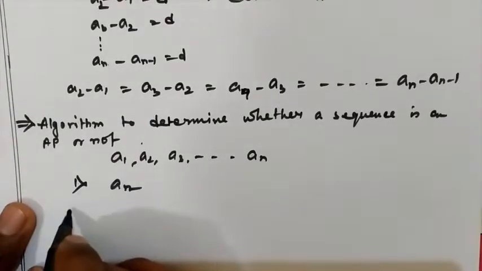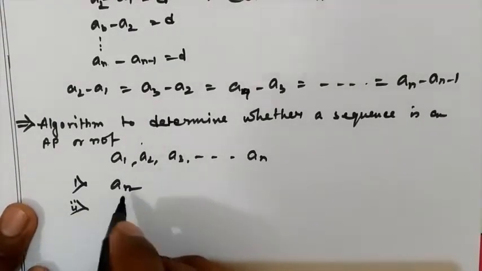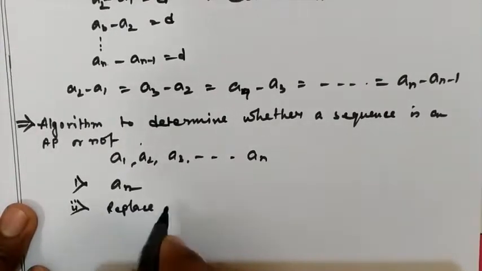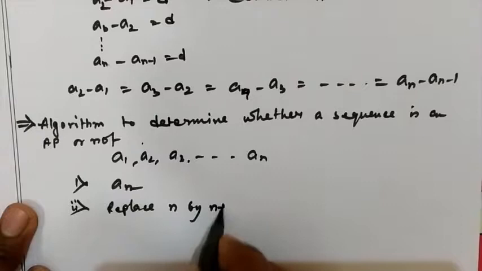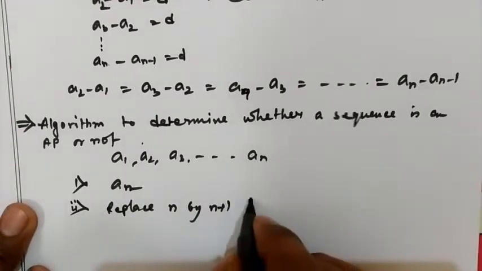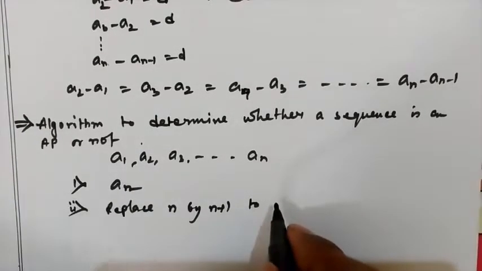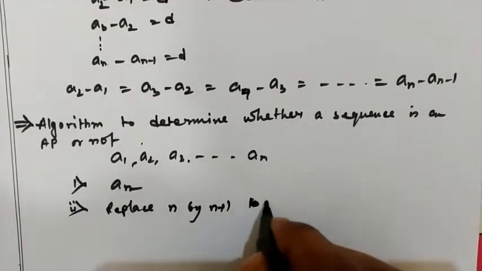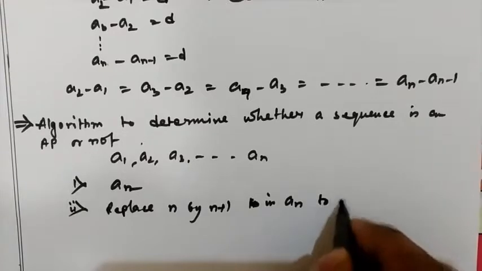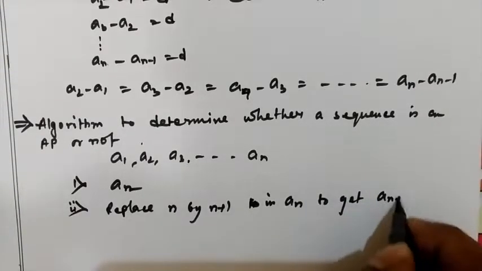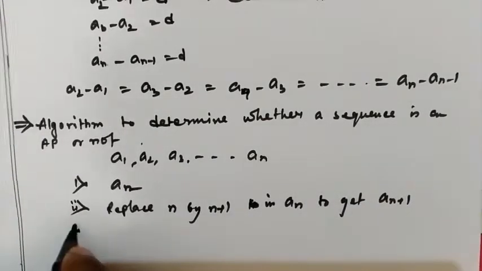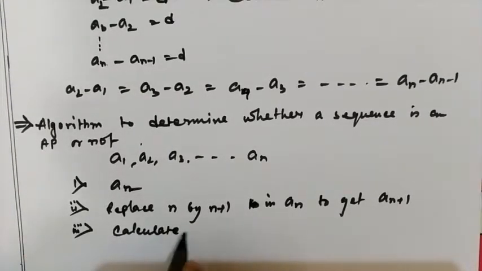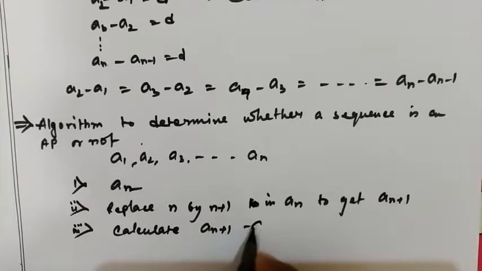Okay, then what is the second step? Second step, replace n by n plus 1 in an to get a n plus 1. What is the third step? Calculate a n plus 1 minus a n.